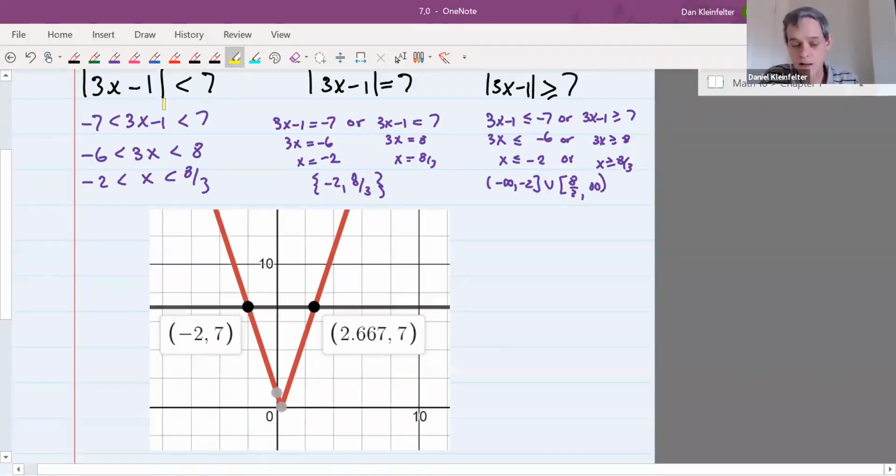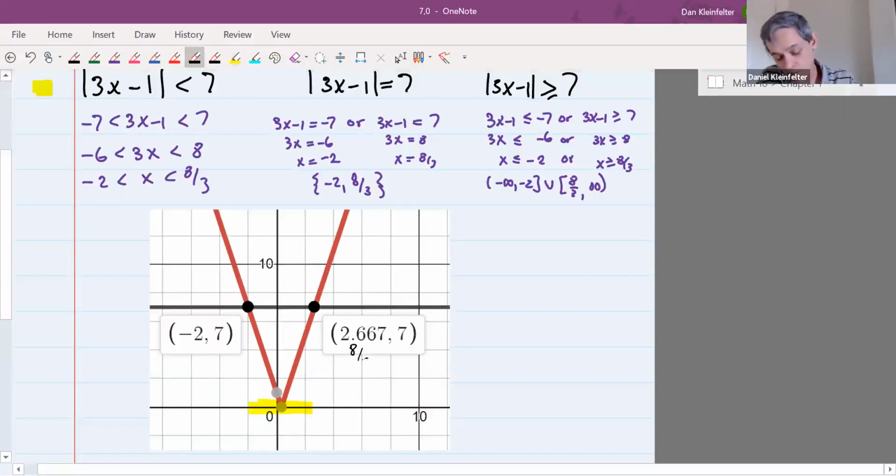So remember here we're comparing y values. So for this first one, the x's that make it so that the V is underneath the black line. So for which values of x is the V underneath the black line? Those will be all the x's between -2 and 2.667, which is 8/3, right?